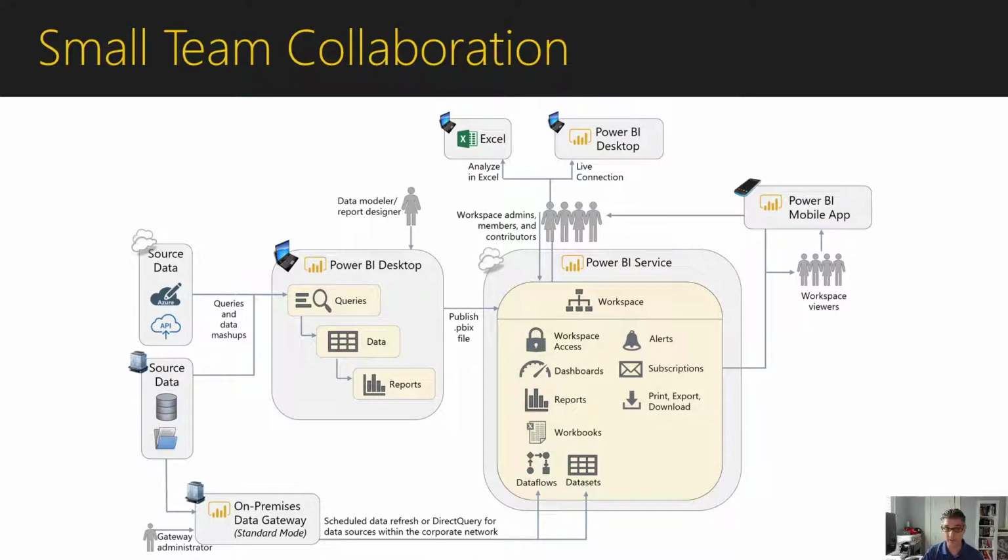Maybe another handful can read it so they can see whether the report is accurate and valid. They can also access this from the Power BI mobile app. And there are certain connections you can make that allow them to update that data, so they can go through the on-premise data gateway and refresh the data sitting in this workspace.